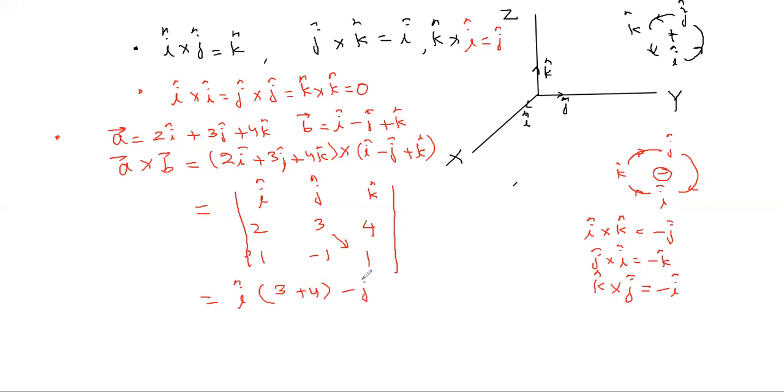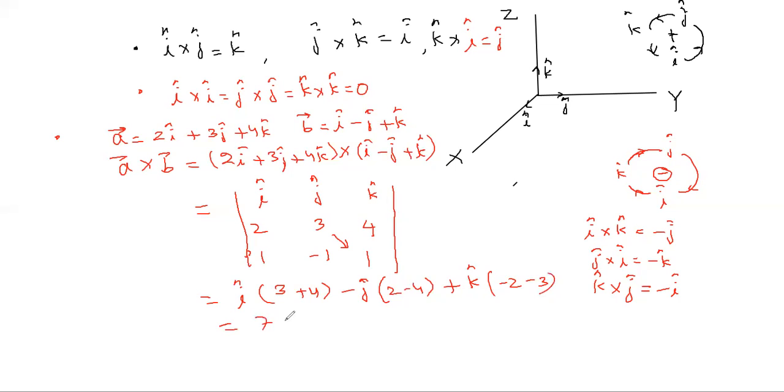Then you will take minus j, which is in the first row, second column. Leave the first row and second column: 2 ones are 2, minus 4. Plus k cap: 2 into minus 1, minus 2, and minus 3.